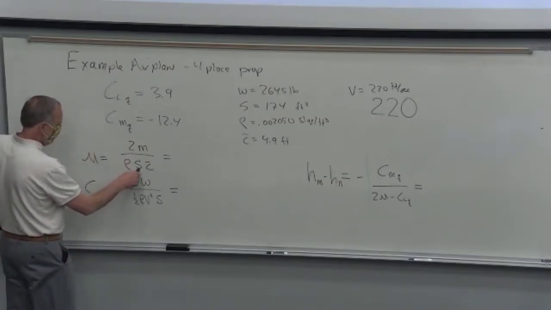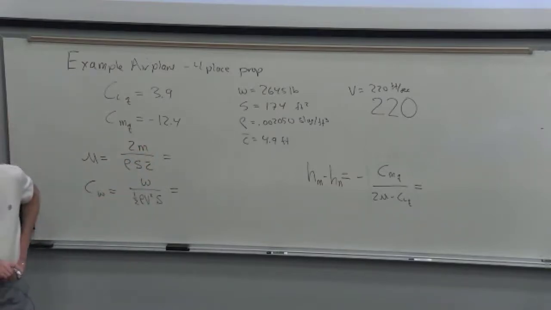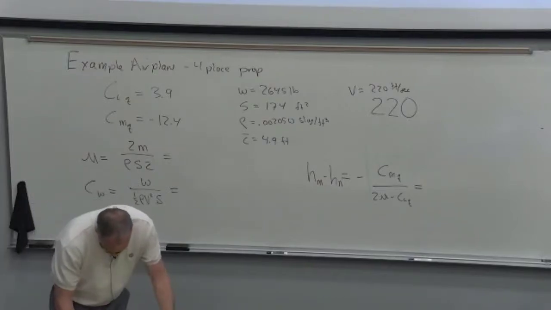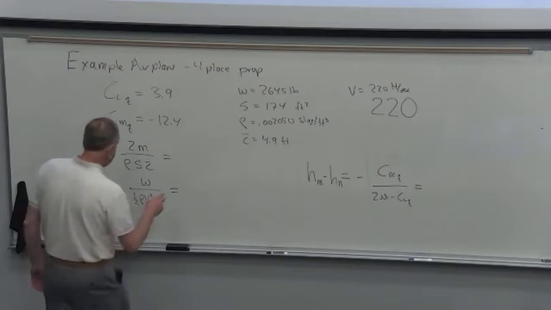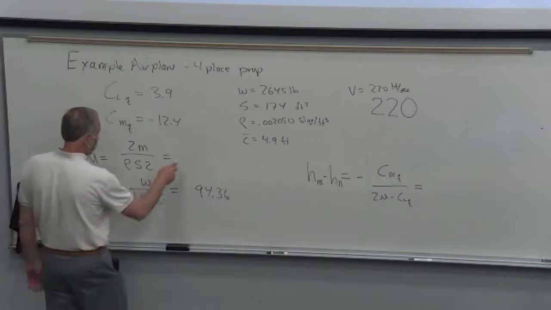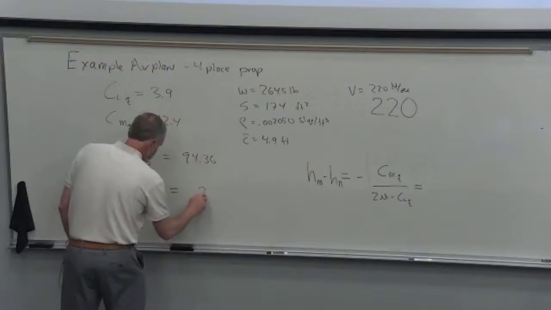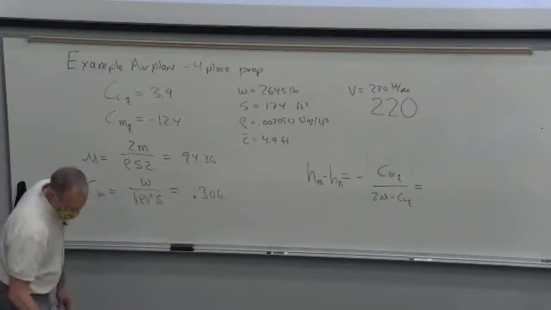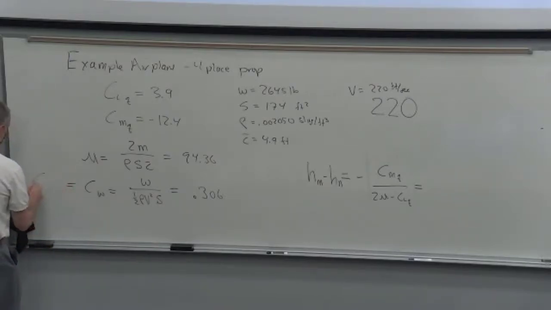Mass per unit volume times volume divided into mass, so that's non-dimensional. For mu, I got 94.36. Oh, I wrote that in the wrong place, sorry. This was 0.306, right? And remember, this is really the same CL trim that we had before for level flight.